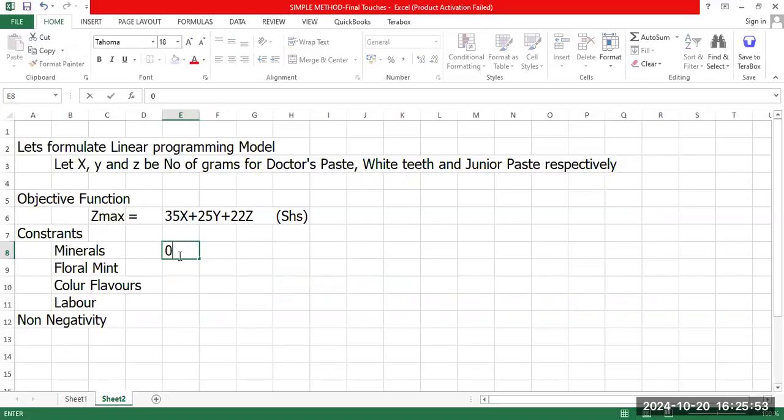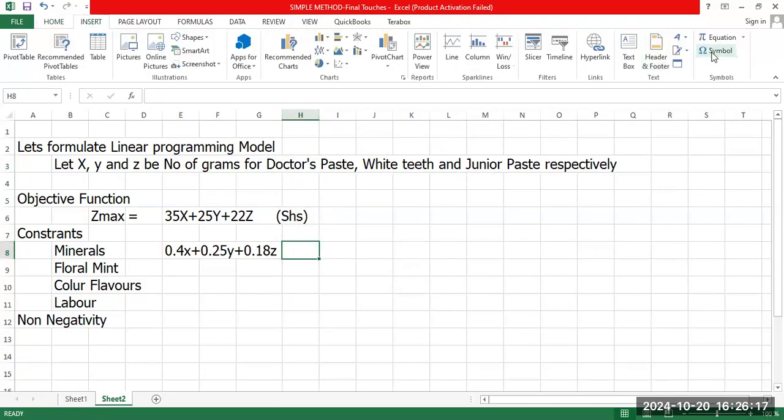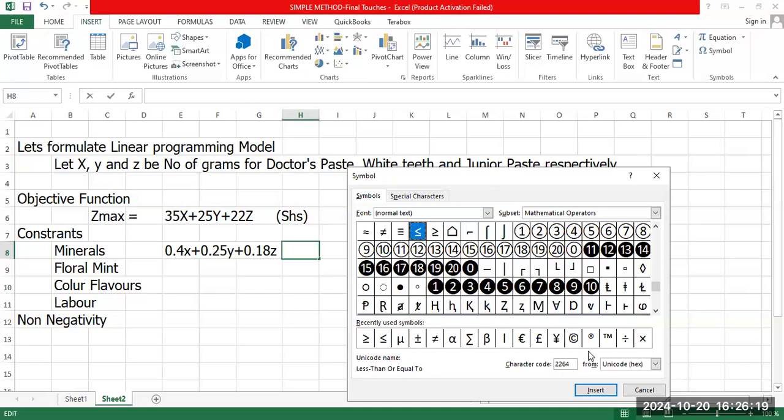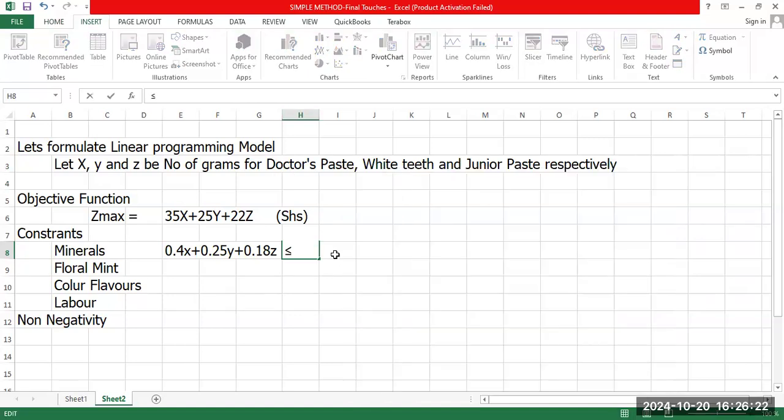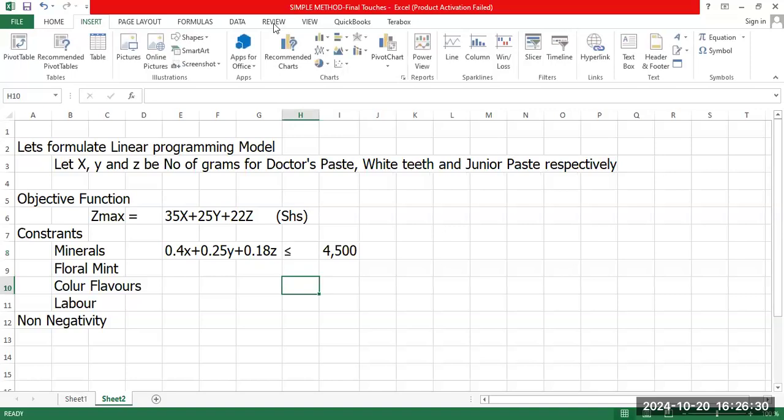We are getting 0.4x plus 0.25y plus 0.18z is less or equal to 4,500.